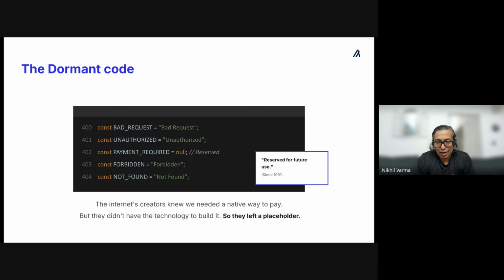And as was mentioned, the idea was to handle native payments digitally. But at that point of time, the technology did not exist, right? And this was a sleeping giant for a good 32 years.